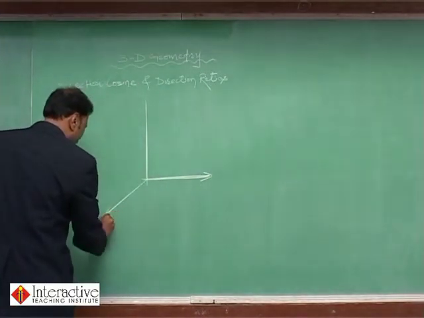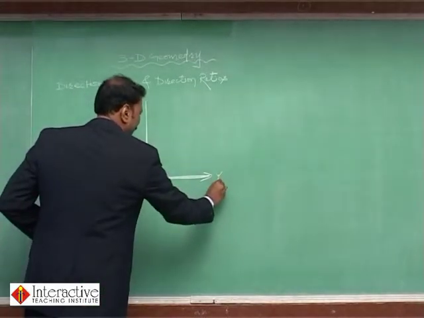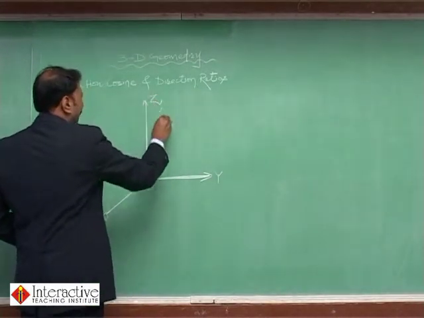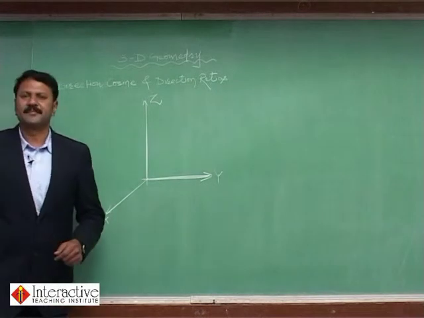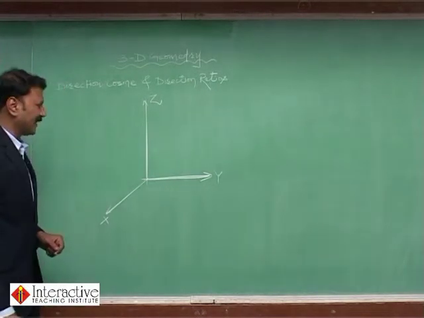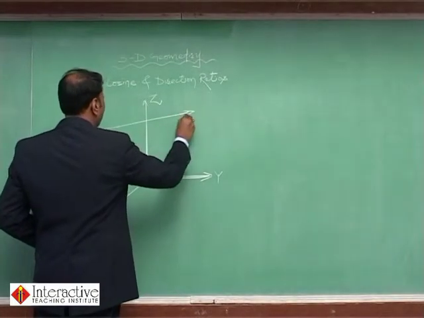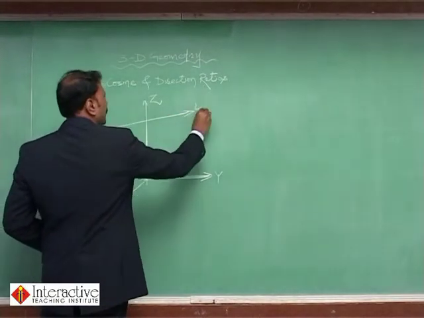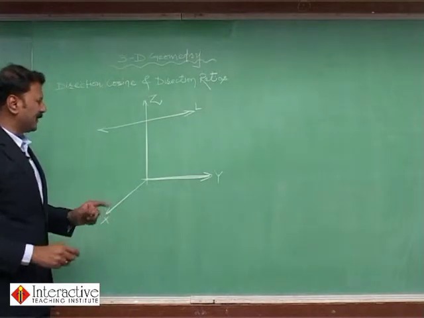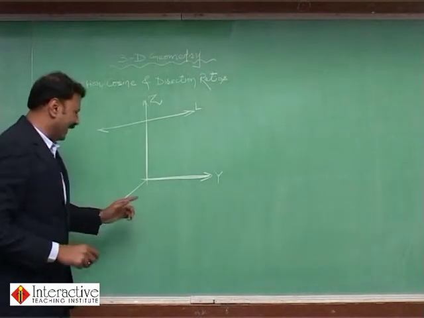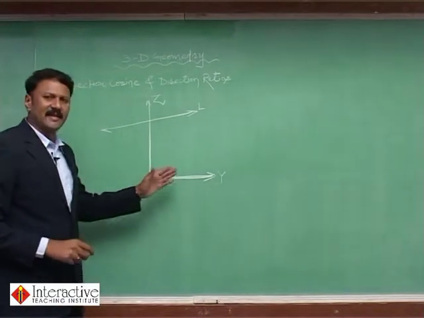This system contains three mutually perpendicular x, y and z axis. And suppose there is a line L in space. Now, this line L is making angles with x, y and z axis.